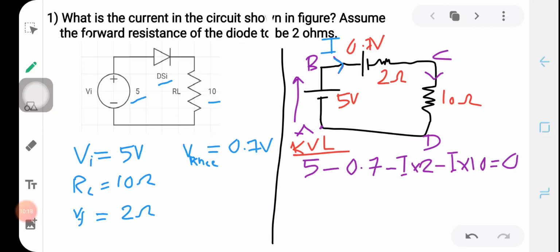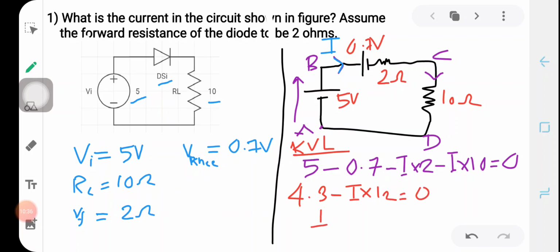Now if we solve this, we see that 5 minus 0.7 is 4.3, minus I into, if you take I outside, 2 plus 10, that is 12, is equal to 0.